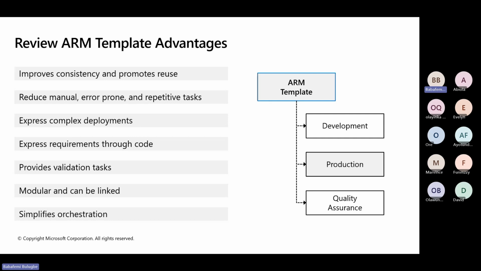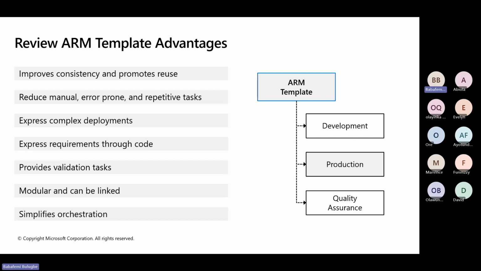It reduces manual, error-prone work, because in case you have a task that needs to be repeated, like I said, if you created a virtual machine 6 months ago and you need to repeat the creation of that virtual machine, the same size, the same virtual machine, since your infrastructure is treated as code, using ARM template reduces errors that can come from creating something different.